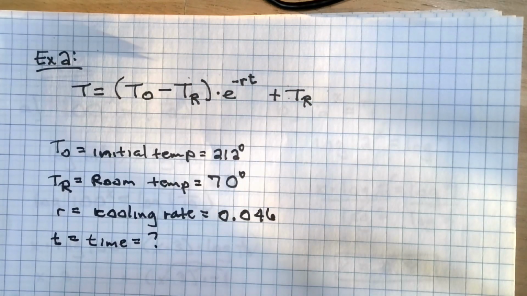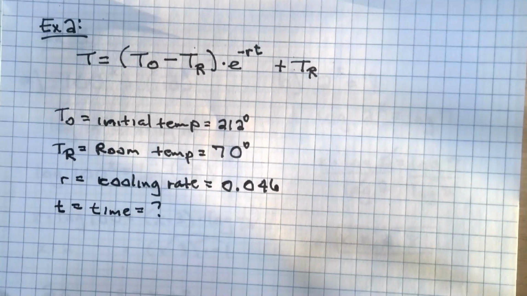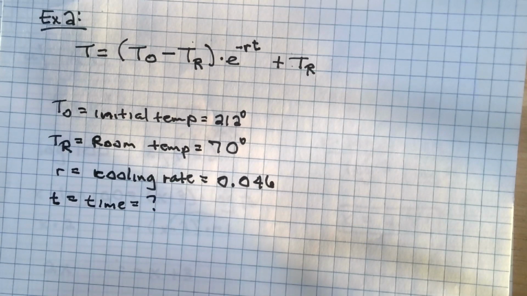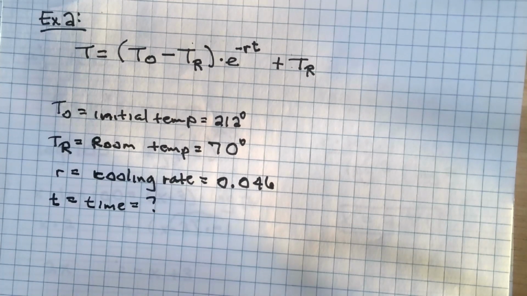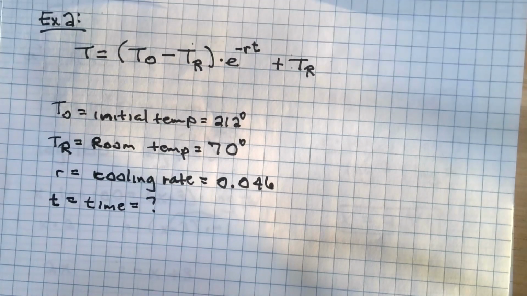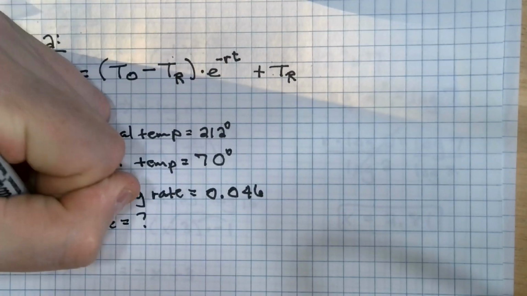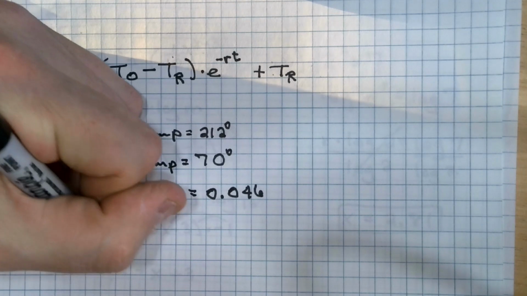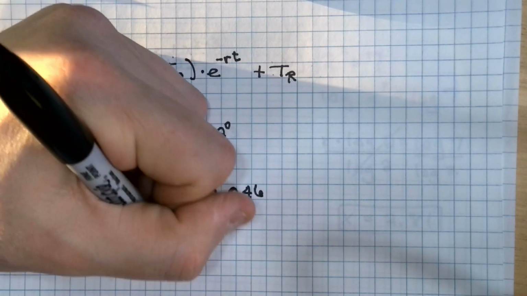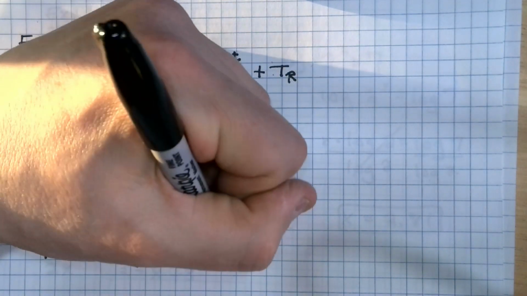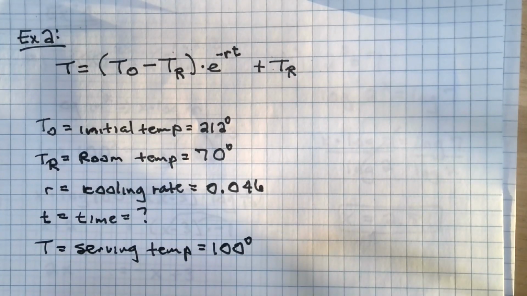And that's what it's asking you for. So that's going to be the one variable we don't fill in is little t. The last thing that we need to do here is figure out what the serving temperature is. And that's just regular old T. Our serving temperature, and that is 100 degrees.